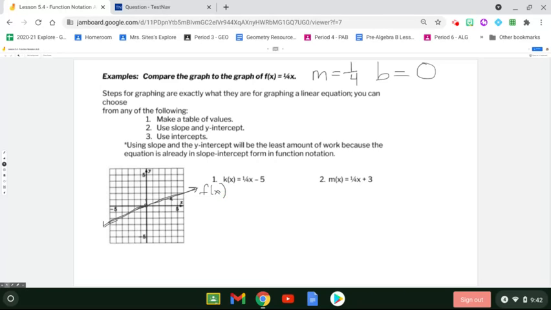Okay, in the first one, we have the same slope, 1/4, but our y-intercept is -5. So that means I'm going to go down 1, 2, 3, 4, 5, but I'm still going up 1 and over 1, 2, 3, 4.